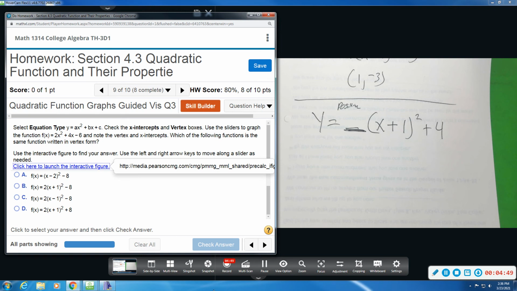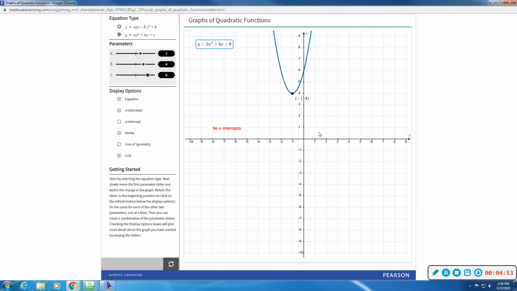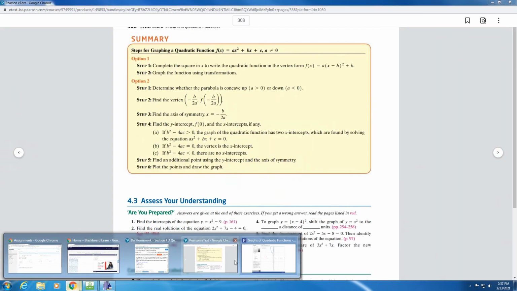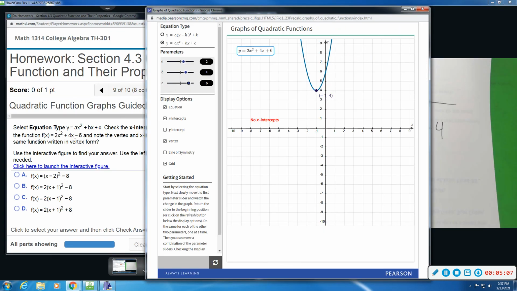Did I get the wrong value for vertex? Vertex, we got 1, 4. Did I do every? No, I didn't do all the numbers right. That's what it is. Let me minimize this. We need a -6, not a +6.